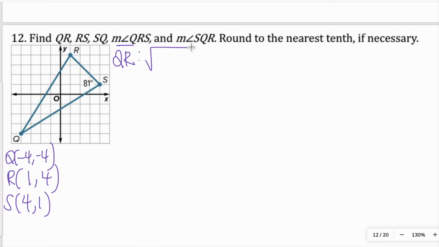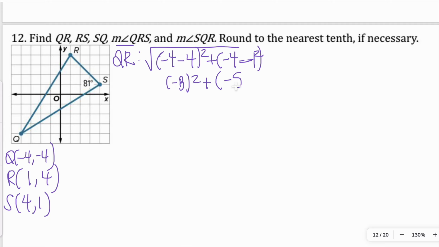So to find QR, I'm doing x2 minus x1 squared plus y2 minus y1 squared. So I would say -4 minus 1 squared plus -4 minus 4 squared. So this is going to give me -5 squared plus -8 squared, or 25 plus 64.